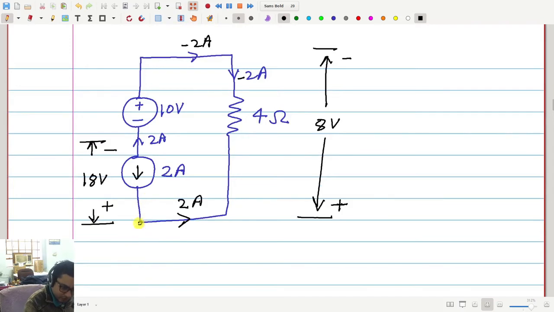If you start from here, you see here there is a voltage drop of 18, then a voltage rise of 10, then another voltage rise of 8. So total 18 drop and then 18 rise, which makes 0. So this is correct.